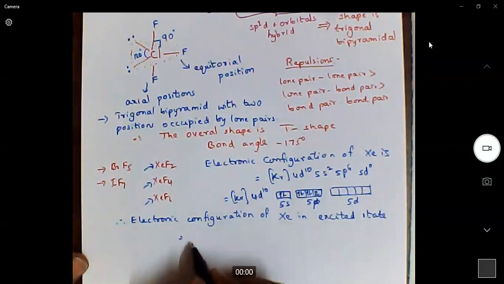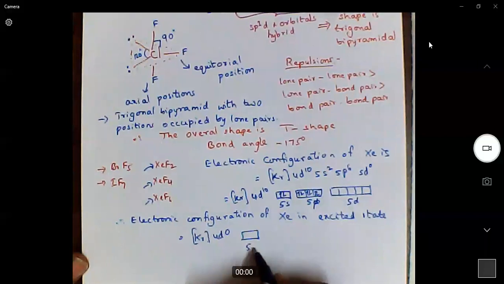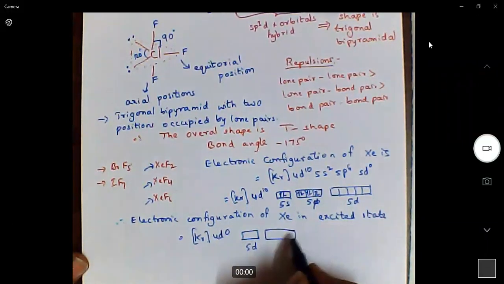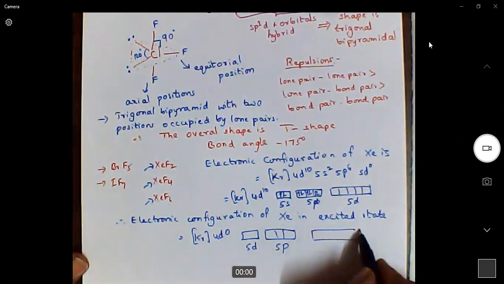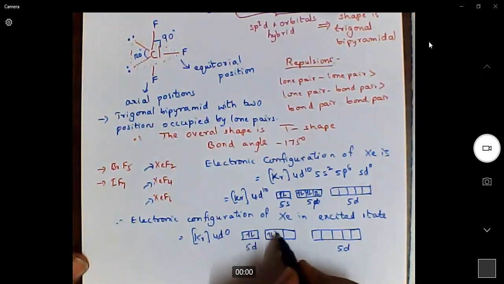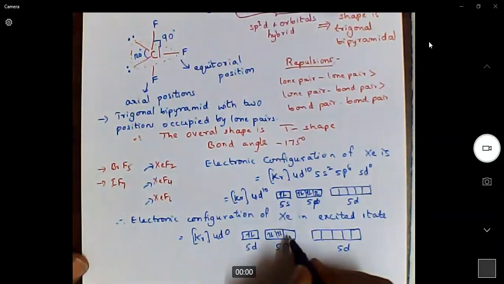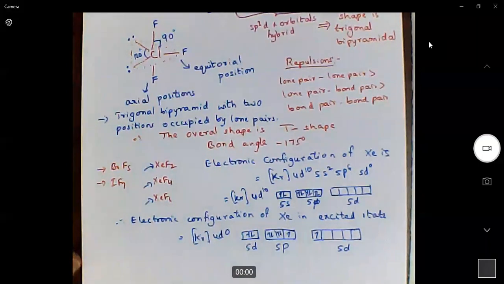Now, what I am writing is the excited state. 4d10, 5s, 5p, 5d. We just need only two single electrons. So we will excite one of the electrons from 5p to 5d.